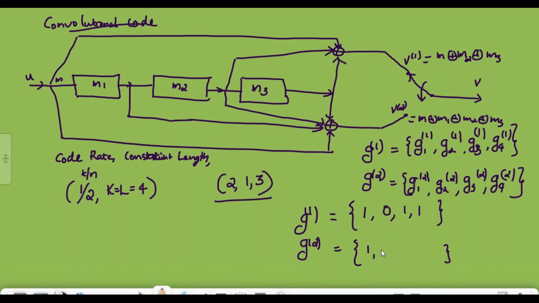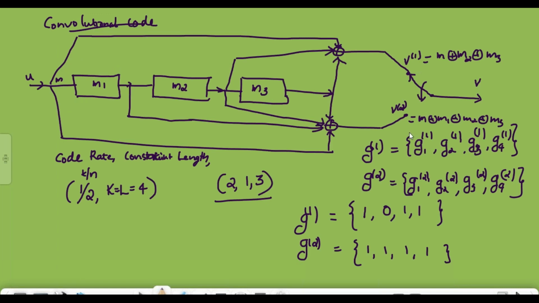Therefore we have 1 1 1 1. That is the generating sequence, or the impulse response of these adder elements. You know what is meant by the impulse response of a system. Here g1 and g2 represent the impulse responses of the adder elements, and we can write them from the connections in the convolutional encoder representation.